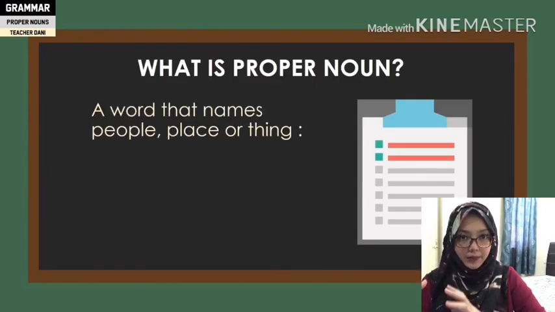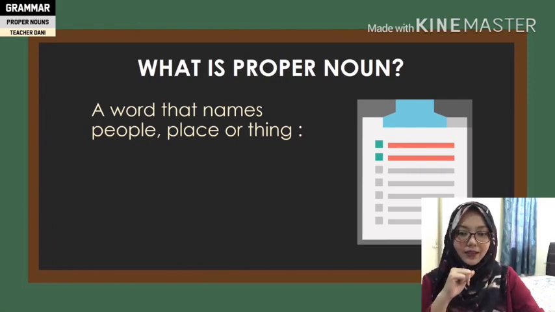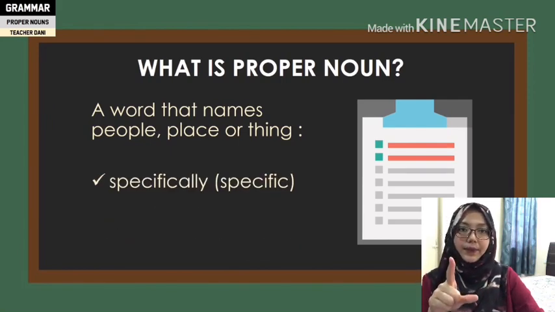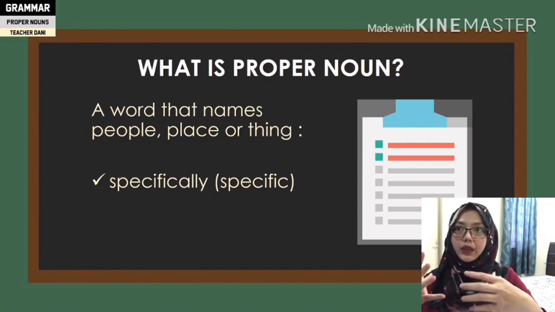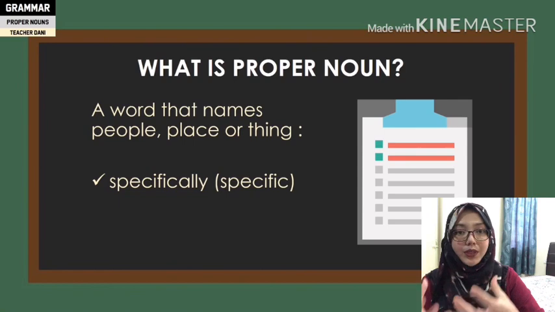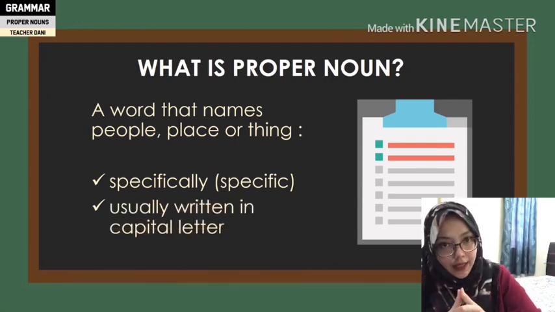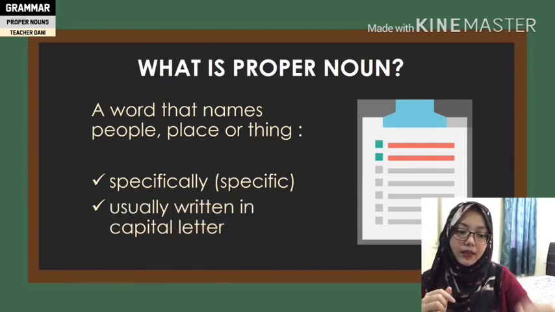It's actually the same thing like common noun that names people, place, or thing, but specifically. Meaning to say, if you are talking about school, what is the name of the school? So the name of the school is actually the proper noun. It's specific. Next, it's also usually written in capital letter, huruf besar.